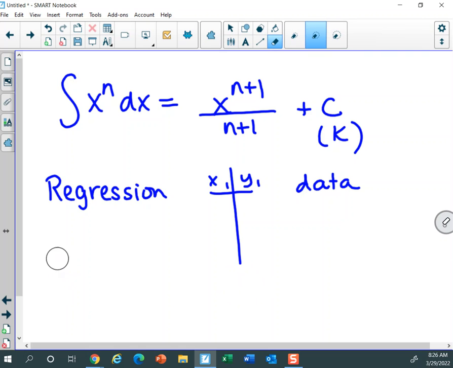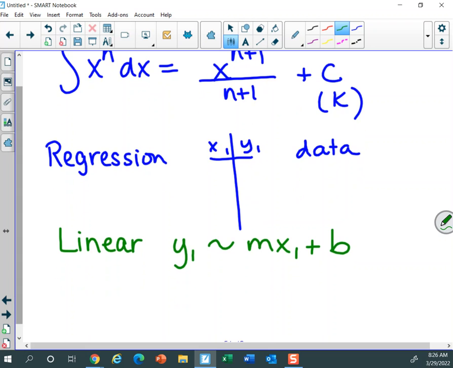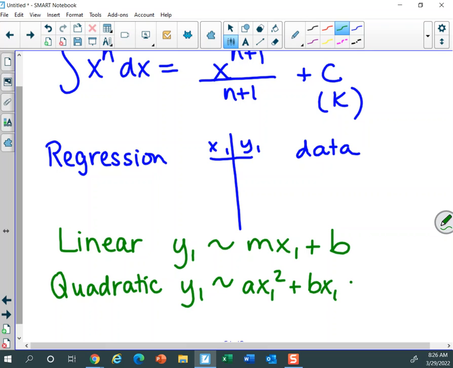And then if we're going to do a linear model, it's y, and then remember it's a little squiggly guy, mx plus b. If my data table is x1, y1, then that's how I label my x's and y's. If I was going to do a quadratic, that's a x1 squared plus b x1 plus c.